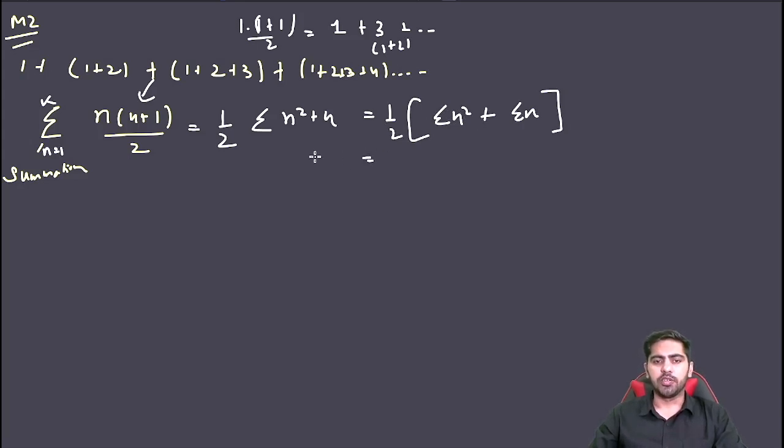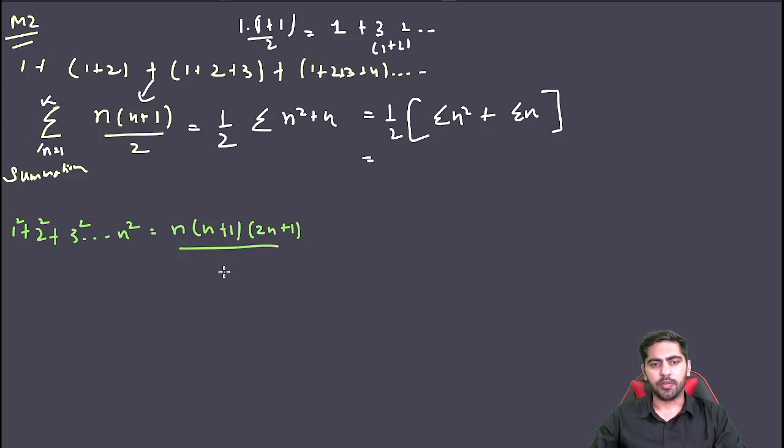Now you need to understand what sigma n square is. Sigma n square is basically the sum of squares of the first n natural numbers, which is always given by 1 square plus 2 square and so on, equal to n into n plus 1 into 2n plus 1 by 6.